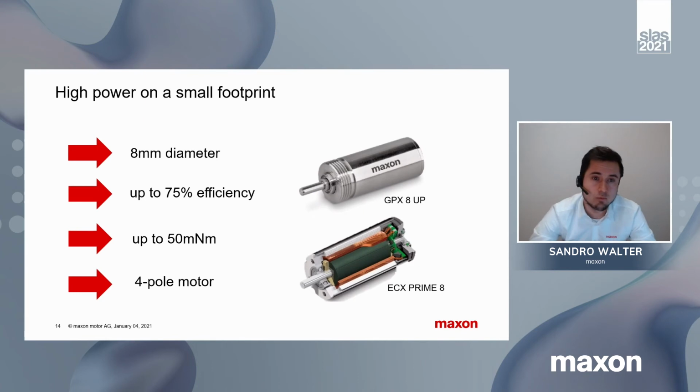And in combination with the gearbox and this motor type, the efficiency of the whole drive system can be up to 75%, which is way more than other comparable motors and gearboxes on the market. And this just at a diameter of 8 millimeters.